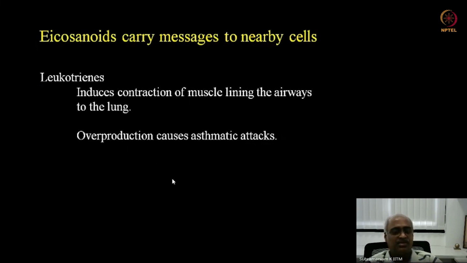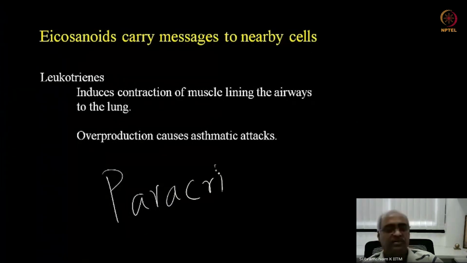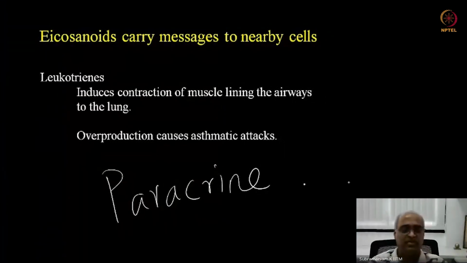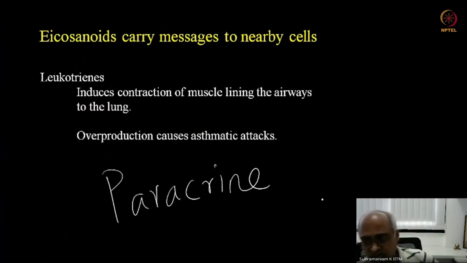Okay. So these eicosanoids, they all work in nearby cells from where they are produced. And as a result, they are called paracrine signals. Okay, paracrine. The molecules that travel long distance, like insulin or epinephrine and glucagon mentioned in the previous slide, travel from one organ to other organs at a distance via the bloodstream, and they are called endocrine.